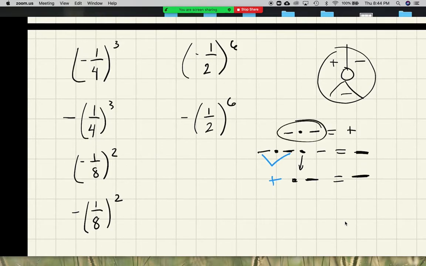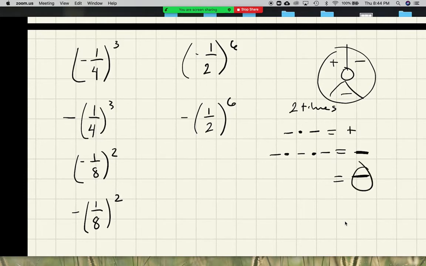So when I multiply a negative 2 times together, I get a positive. If I do it 3 times, which is the case here, negative times negative equals a positive, times another negative equals a negative.